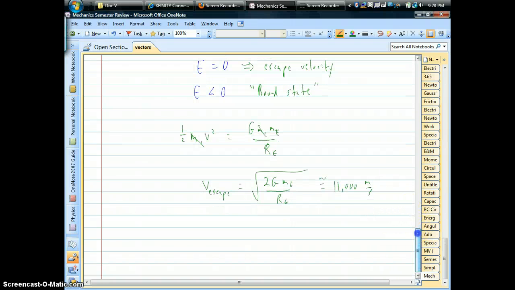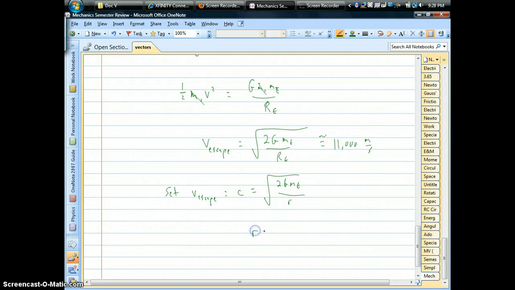Another cool thing you can do with this is, what if you set your escape velocity equal to the speed of light, and we can still use the Earth if you want, and solve for r. If we do this, you're going to have something like 2 times our gravity constant, the mass of the Earth, all over the speed of light squared. If you plug the numbers into this, you'd have what's called the Schwarzschild radius.